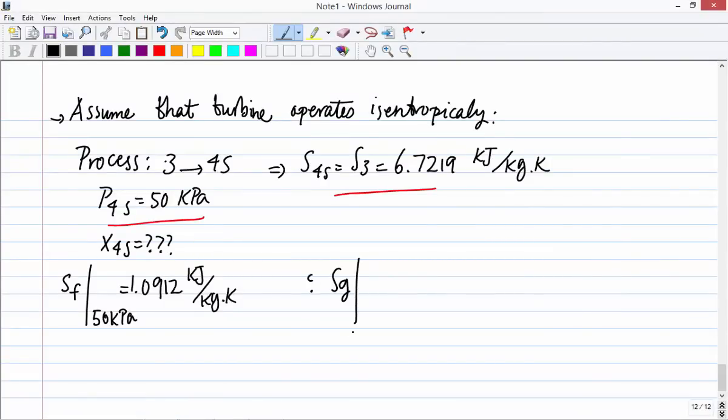If I know sg as well at 50 kPa, then I will be able to compare s4s, to check if it is in between these values, or if it is less than sf or higher than sg. Let's see, 6.7, oh my god, it's right in between.